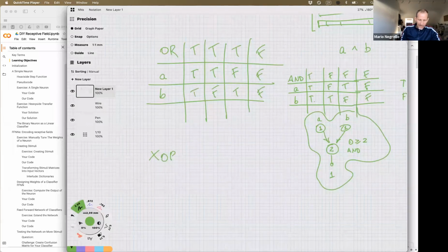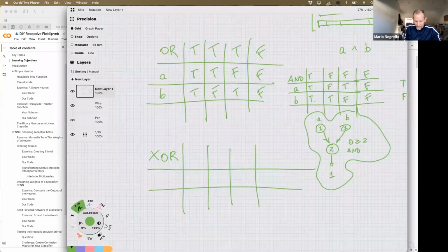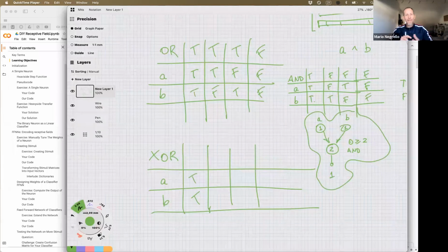The big problem arrives when you need to write an XOR function. And the XOR function is a very fundamental function because it lets through only certain values. So true and true are not okay. XOR means exclusive OR. Exclusive OR means both don't work. You have to have either one or the other. So basically it's the either-or function, right?